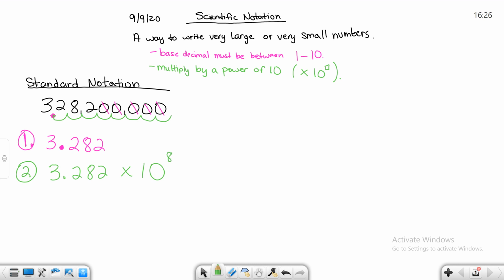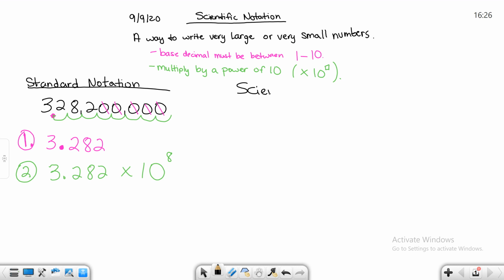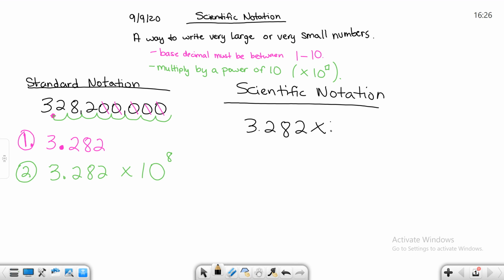So that means that in scientific notation, this number, 328,200,000, is written as 3.282 times 10 to the power of 8. Now don't worry if you didn't get that, we're going to try that again.